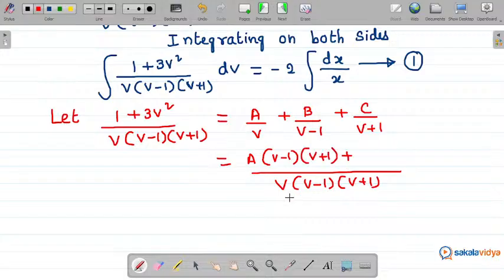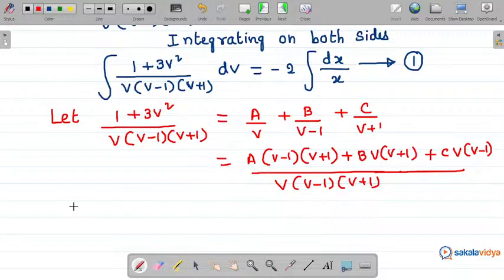Plus v into v minus 1 v plus 1 divided by v minus 1, the v minus 1 cancels, B times v into v plus 1, wait one minute. Next, plus v plus 1 cancels, C times v into v minus 1. So comparing on both sides, what do we get?